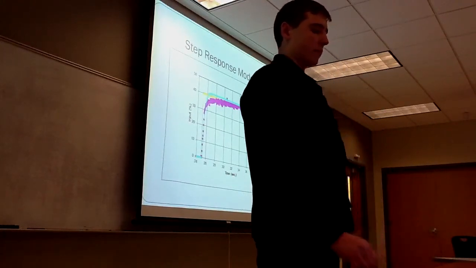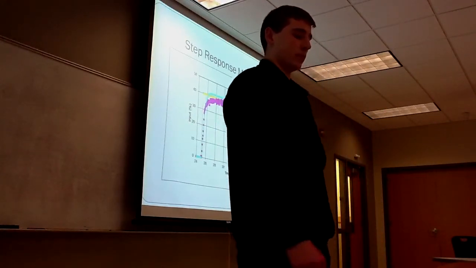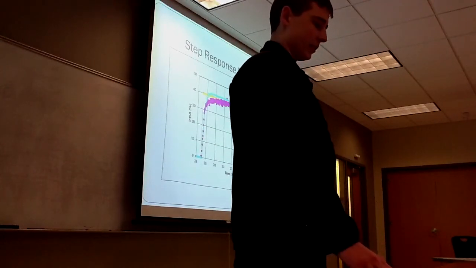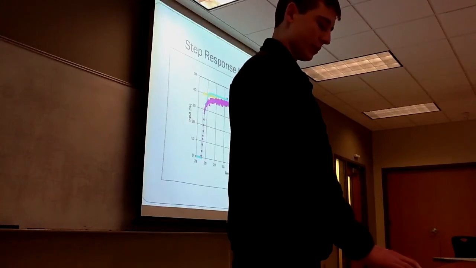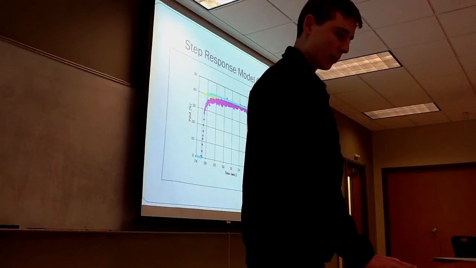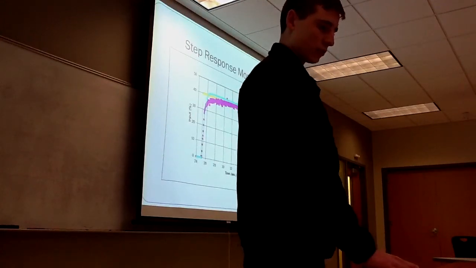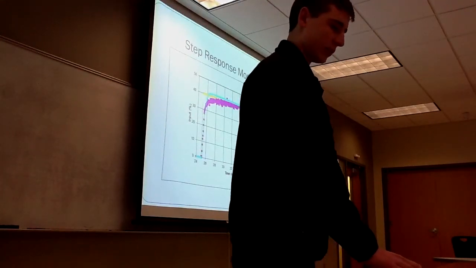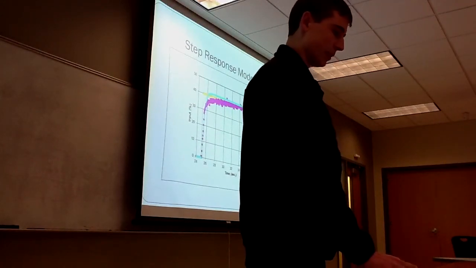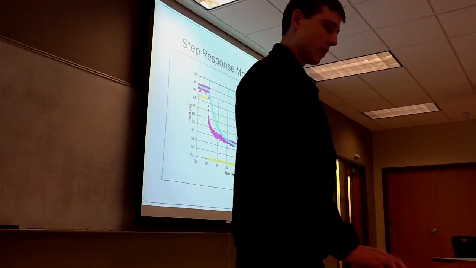It's around 0.1 seconds. We'll come to the comparison later after we finish the models. And the output voltage was around 1.7 volts. Okay, the step was at 25 seconds.